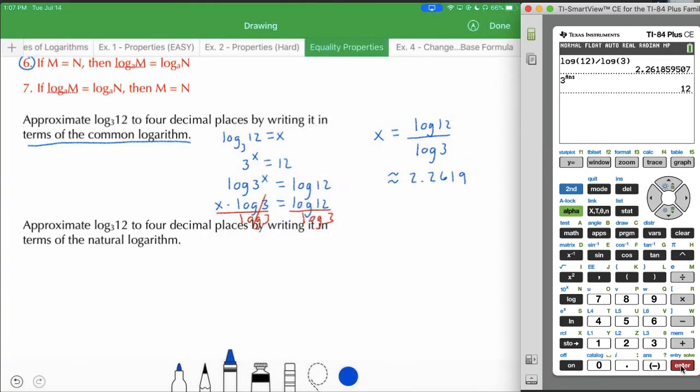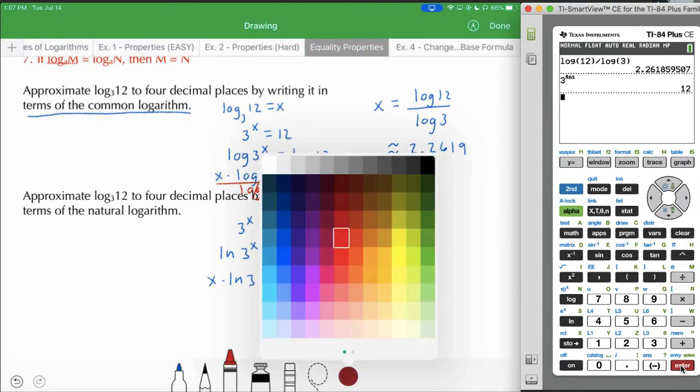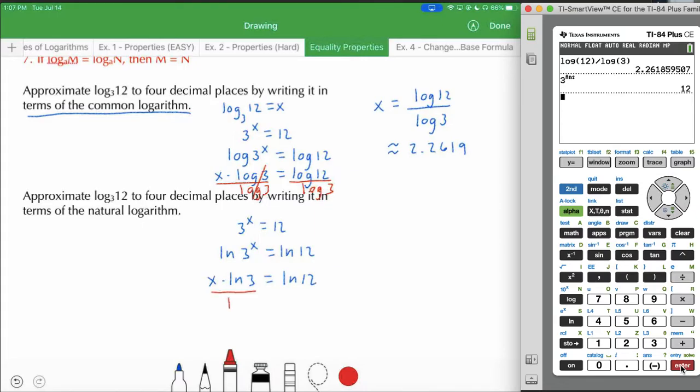So I will start the same way with the exponential form, 3 to the power of x equals 12, and now I'm just going to use the natural log on both sides. That allows me to apply the power property, bring the x down in front here, multiplying the natural log of 3, and then I can divide both sides by the natural log of 3.